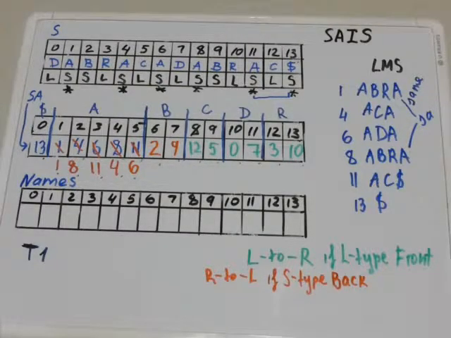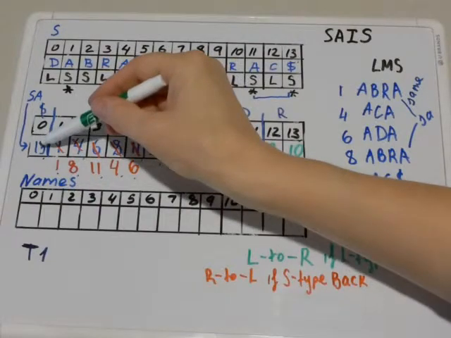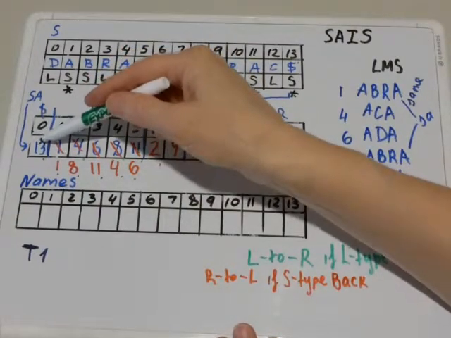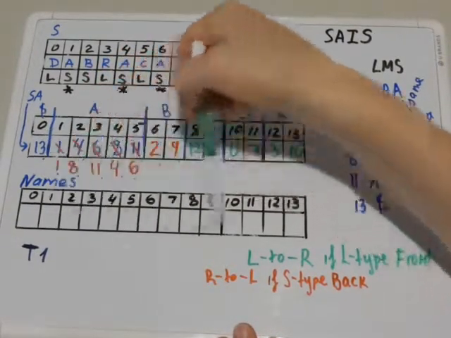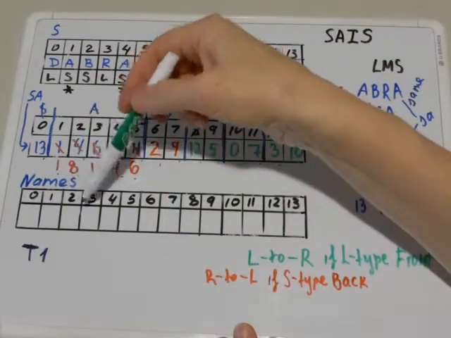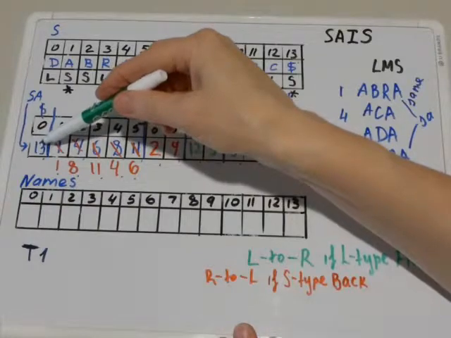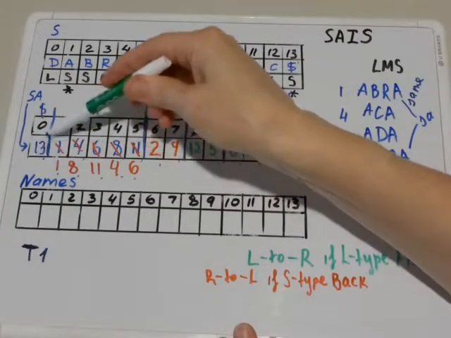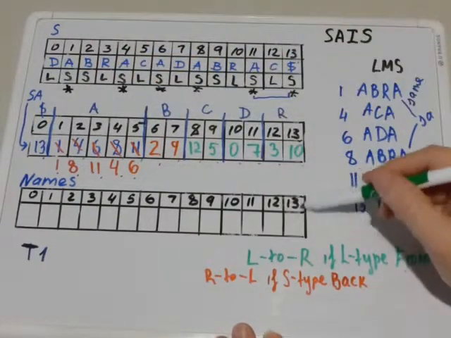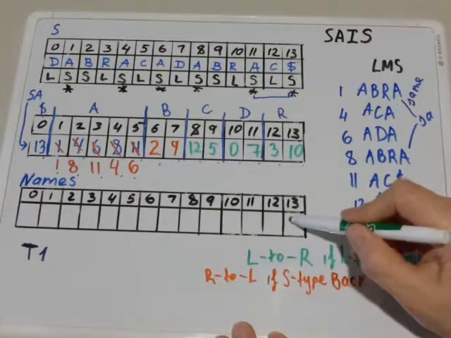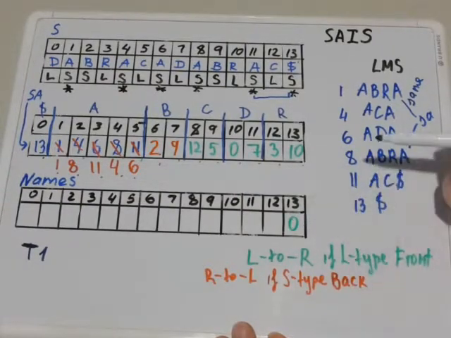The first LMS substring is 13. It is just assigned name 0, and this array names will hold our names at the starting positions of the corresponding LMS substrings. This is position 13. We're going to assign this LMS substring name 0.